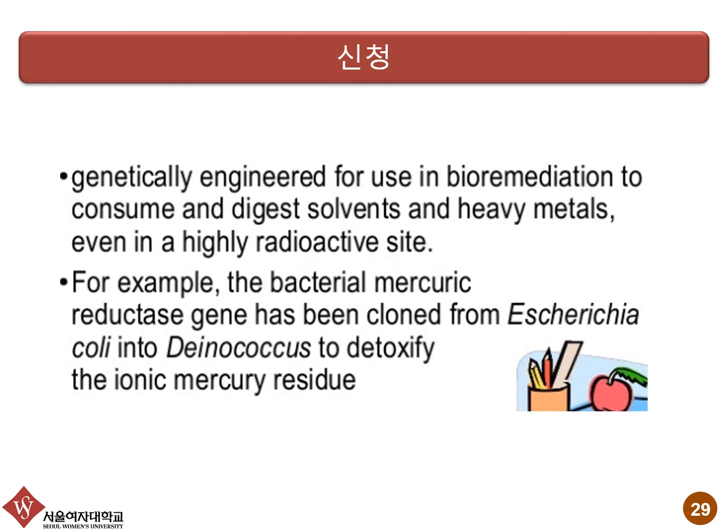In the case of normal bacteria, even bacteria such as Escherichia coli cannot survive even if they have the mercury resistant gene, but the Deinococcus can detoxify the ionic mercury, because they can resist the mercury and also resist the radiation.